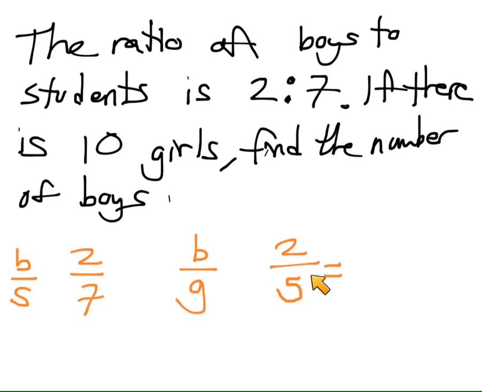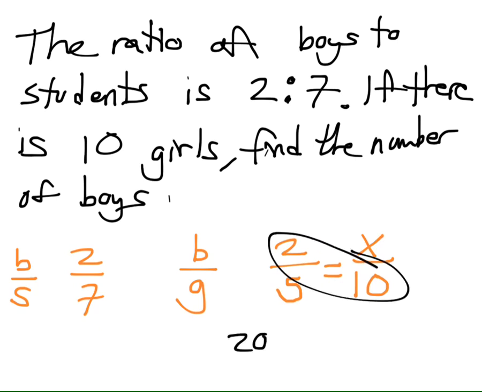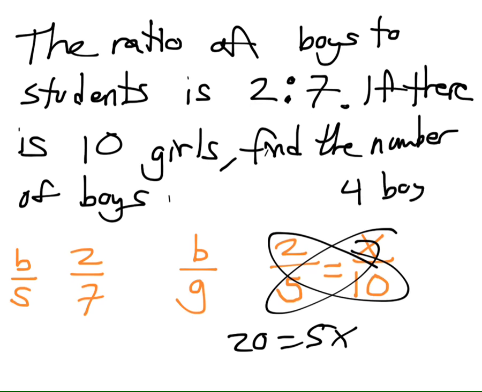So if I went boys to girls here, then I want to know how many boys there are for every 10 girls, right? So I went boys to girls, boys to girls. Cross multiply. That's 20. That's 5x. Divide both sides by 5. There would be 4 boys. Does that make sense?